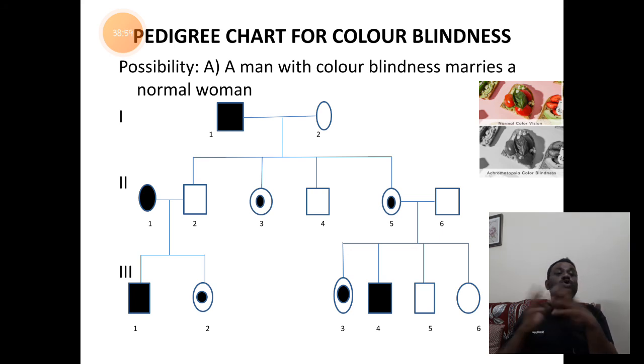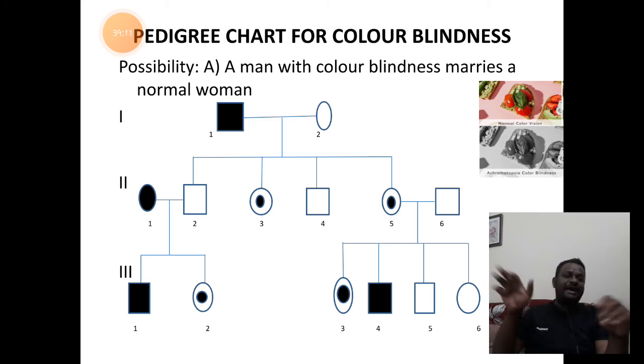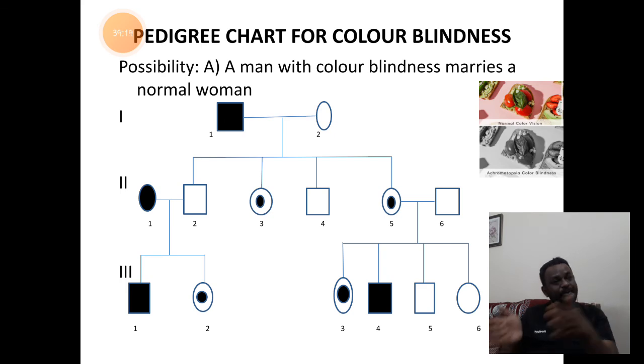So to look at, both the daughters are said to be 100% normal. Genotypically 50% is normal, 50% is normal but carrier female. But what about the sons? 50% of the sons are normal, 50% of the sons are affected.